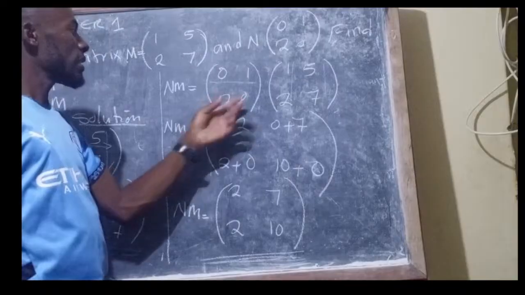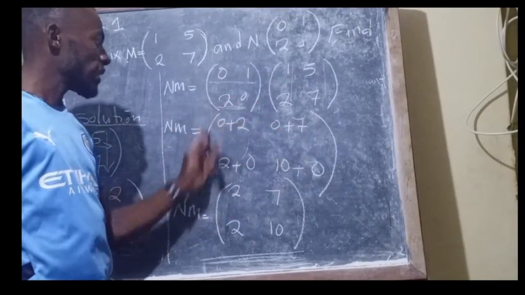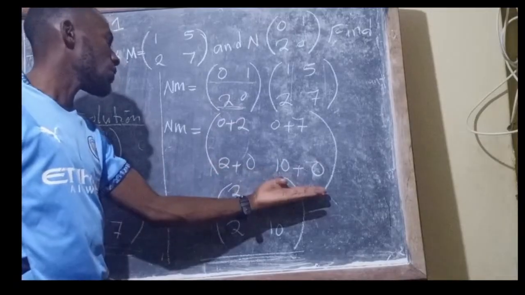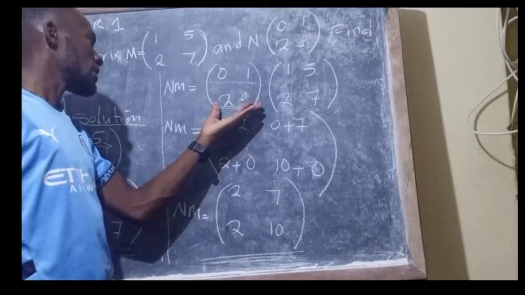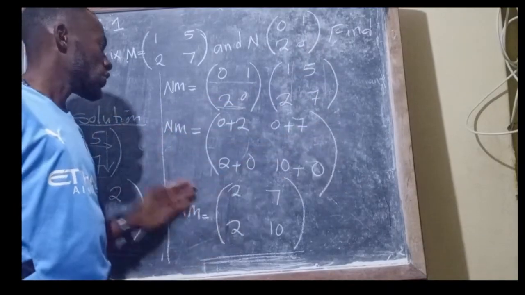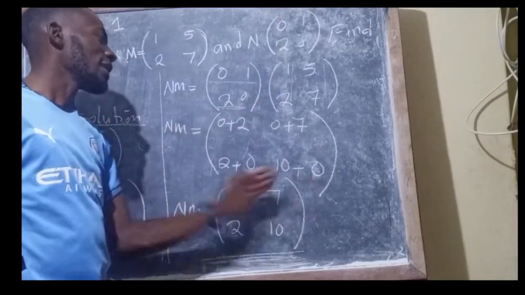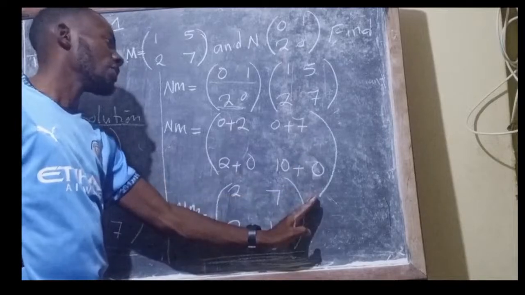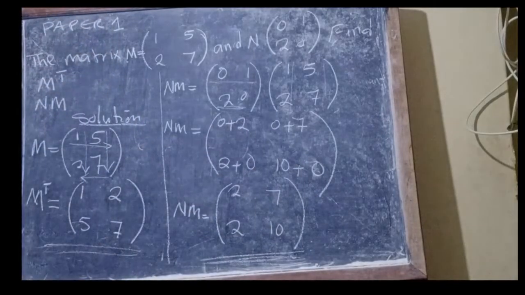Then we come here, second row, first column. So you're going to have the number that is going to be in the second row but still in the first column. Then again, second row, then second column. So it should be in the second row, and also in the second column. And this is how the numbers are going to line up.